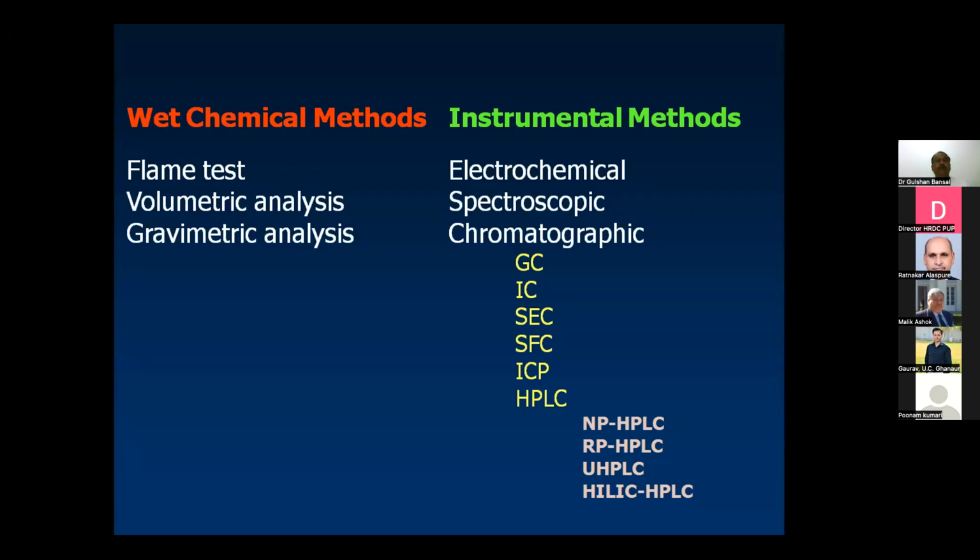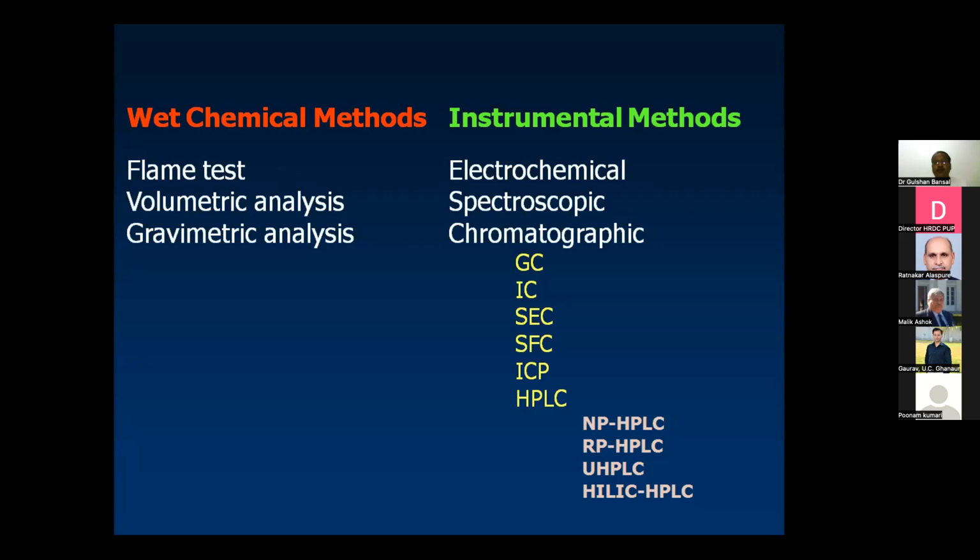Although flame test is qualitative, atomic absorption and atomic emission are very efficient quantitative methods for determination of different types of elements like sodium, potassium, cesium, mercury, and so on. Then absorption spectroscopic methods like UV spectroscopy, IR spectroscopy, NMR.